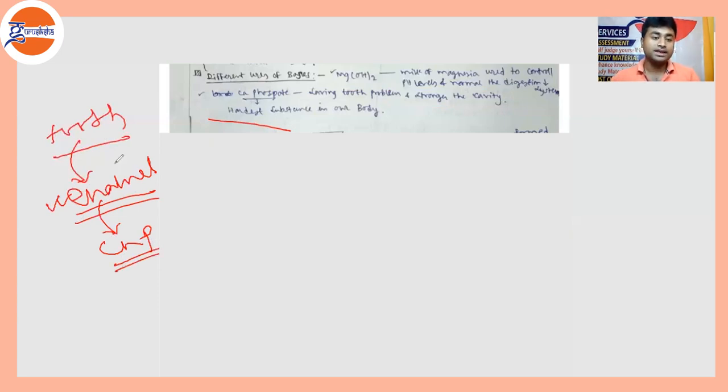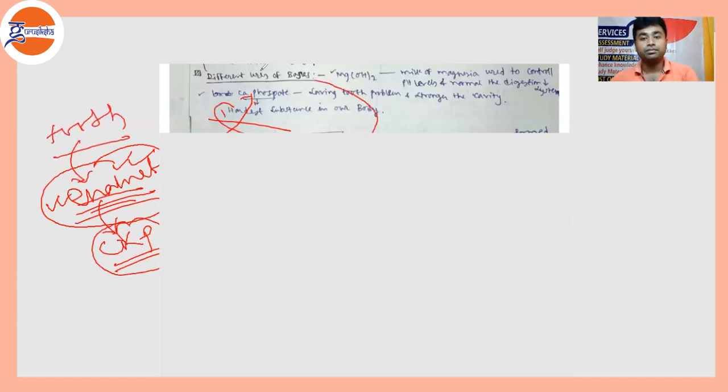Okay, so this enamel is the hardest part of our body. This is the strongest part of our body. That's why, as the enamel in teeth is made from calcium phosphate, calcium phosphate is called the hardest part of our body. Okay.